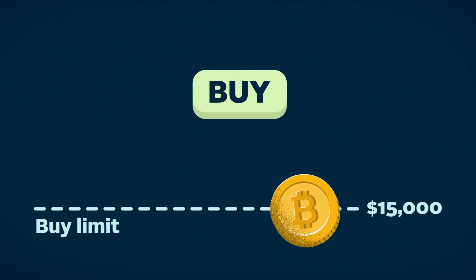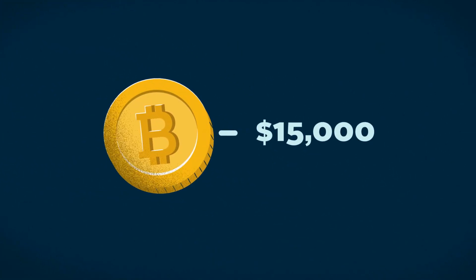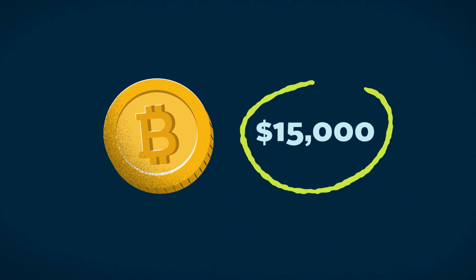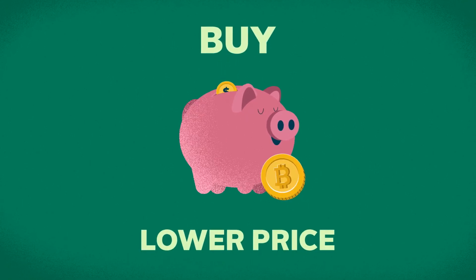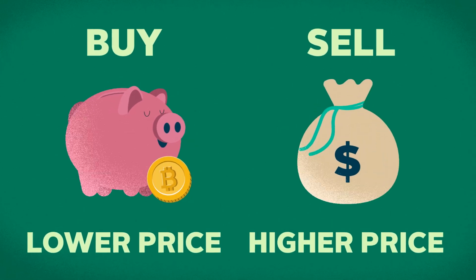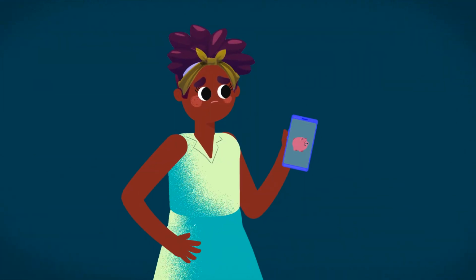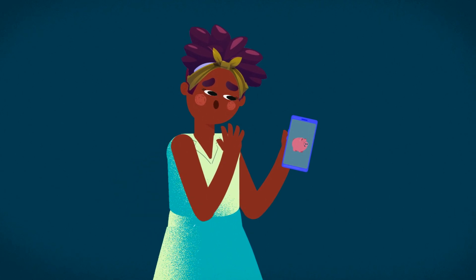You'll set your buy limit to $15,000 for 1 BTC, and the exchange will make the purchase only at the specified price or better. Limit orders are ideal for when traders want to buy an asset at a lower price or sell an asset at a higher price than at the current market rate. Though execution of your order is not guaranteed, as the price may not hit your desired level.